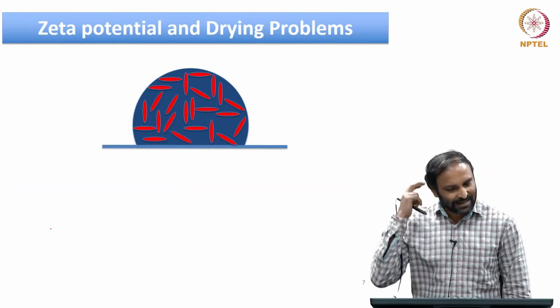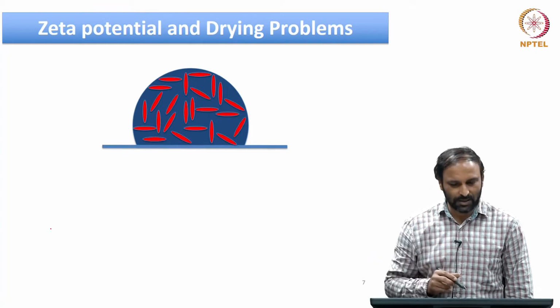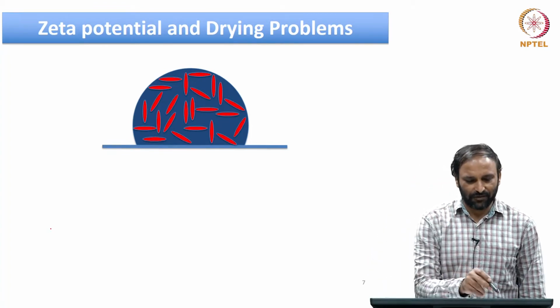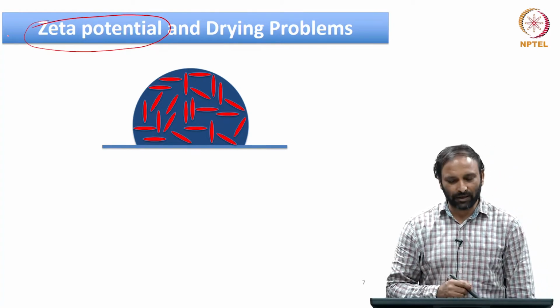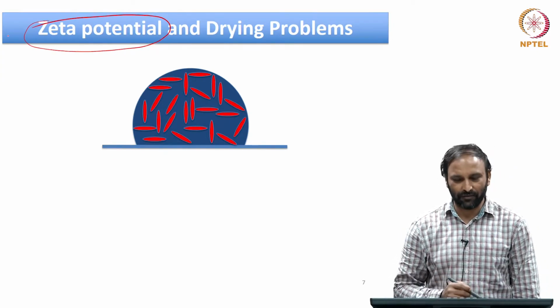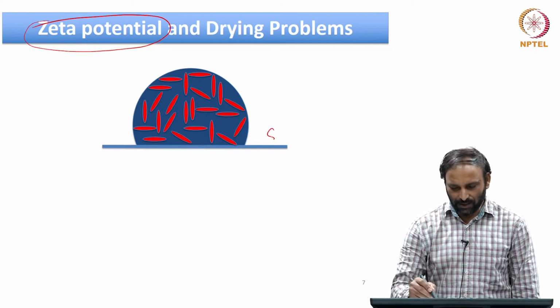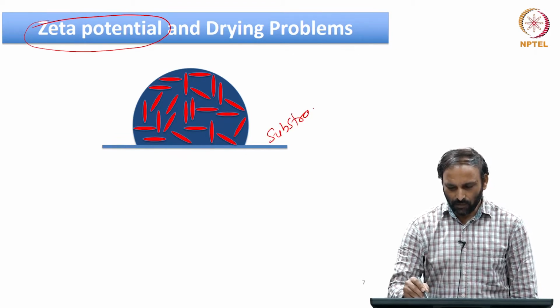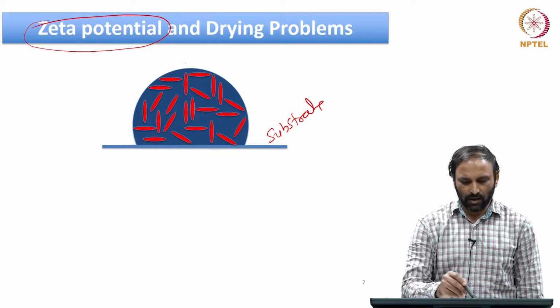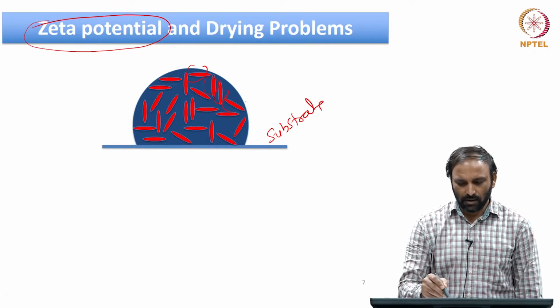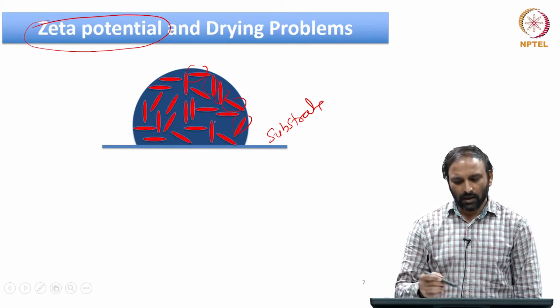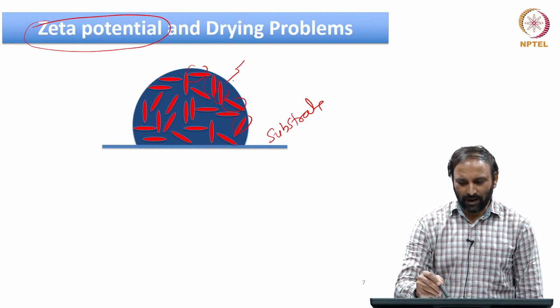Okay. The second example that I would like to point out is the application of zeta potential measurements and how they are important in drying problems. So, what you are looking at is a configuration where there is a substrate, and there is a drop, and this drop contains particles, and the fluid would evaporate.